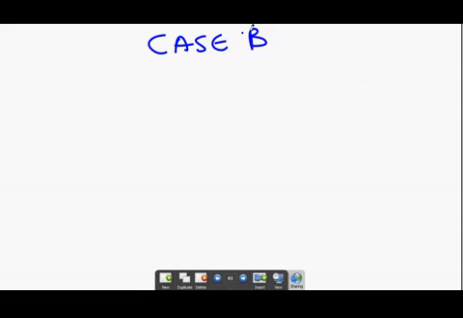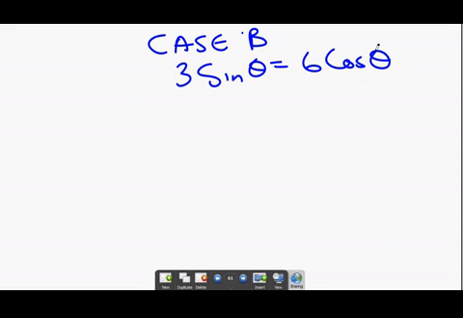So for instance, they'll say 3 sine theta is equal to 6 cos theta. Notice there's no plus or minus sign in this equation. Sometimes they can write it in a different format, so it's going to be 3 sine theta minus 6 cos theta equal to 0.